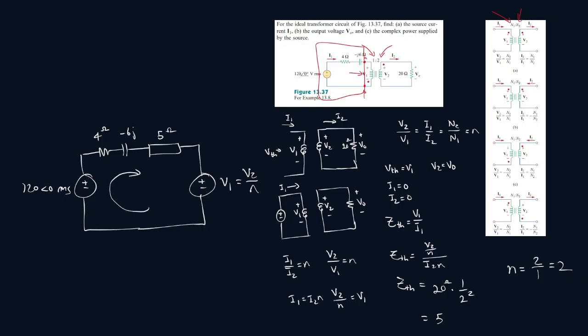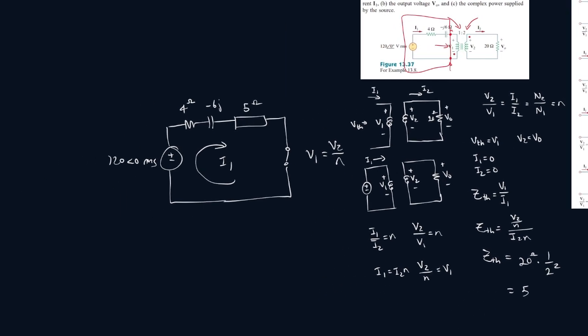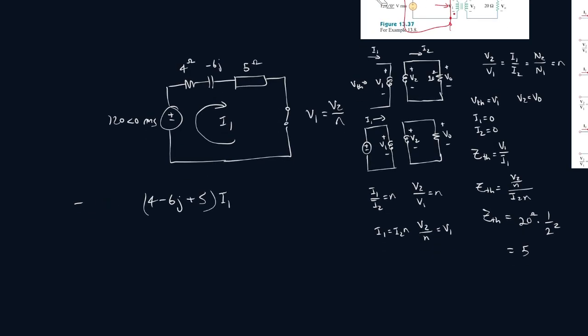To find our current I1, we can ignore this portion and solve for I1. It's going to be minus 120 phasor 0 plus 4 minus 6j plus 5 times I1. Bring this to the other side, and I1 will be 120 phasor 0 over 9 minus 6j.